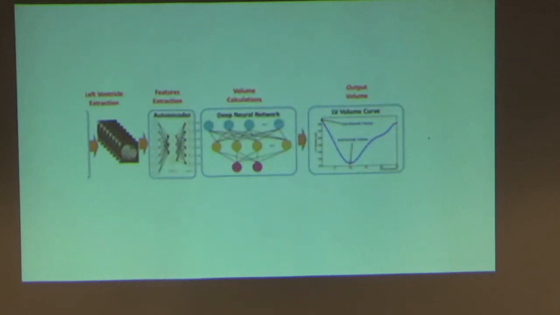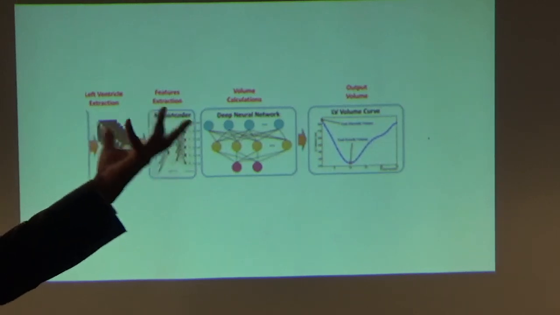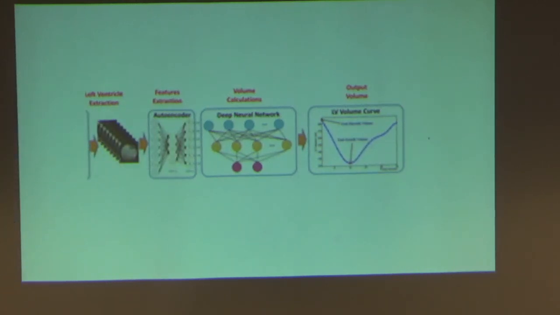And so here is a schematic of what we're talking about, where we are trying to extract the inner contour of the cavity, and we have the autoencoder step, and then the deep neural network step, and out of that pops out again that ubiquitous left ventricular volume curve, and that's what we're going to be using as our object in terms of goodness.